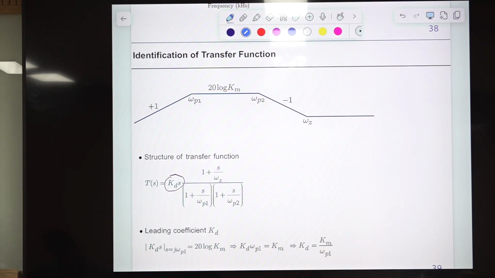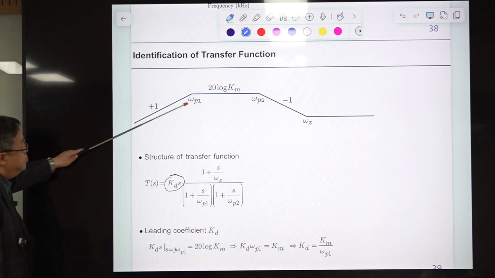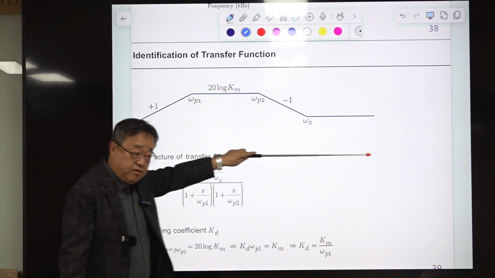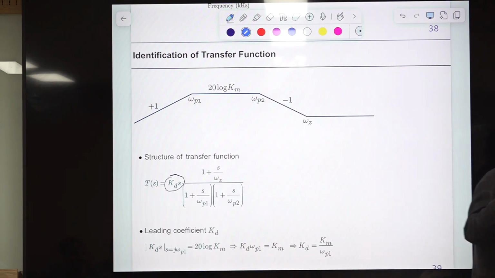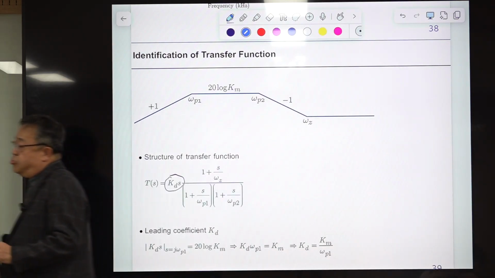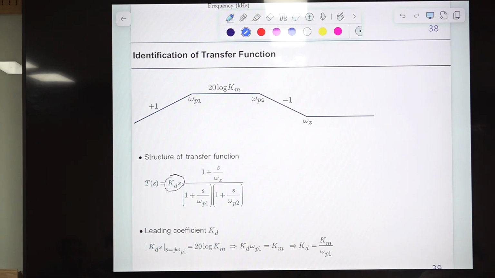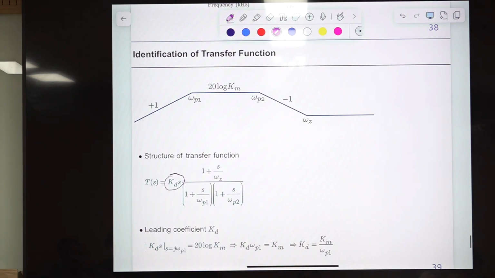Suppose you have this type of asymptotic plot of something. Maybe this will be generated during the analysis and design process, or assume you measured some converter transfer function, and maybe your result is something like this.